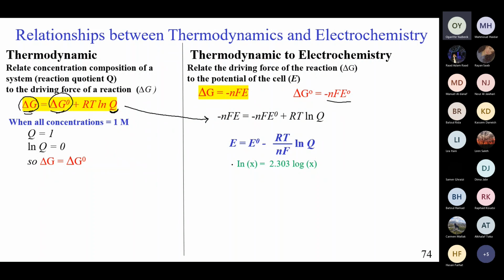Any ln function, ln of x, if I want to change it to a log function, I must multiply the log function by 2.303. This is mathematics. Don't worry about it.